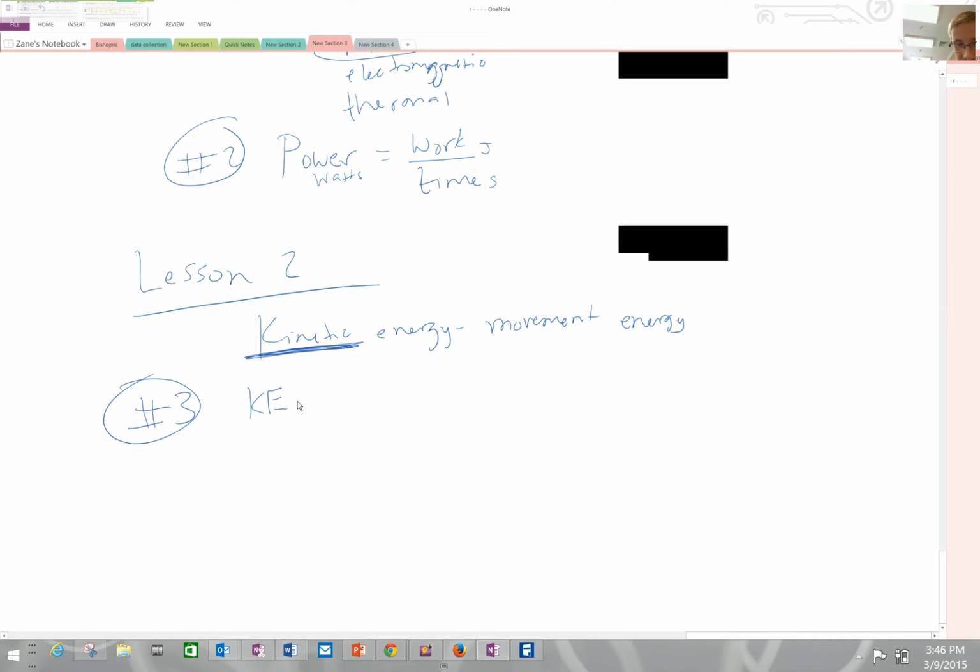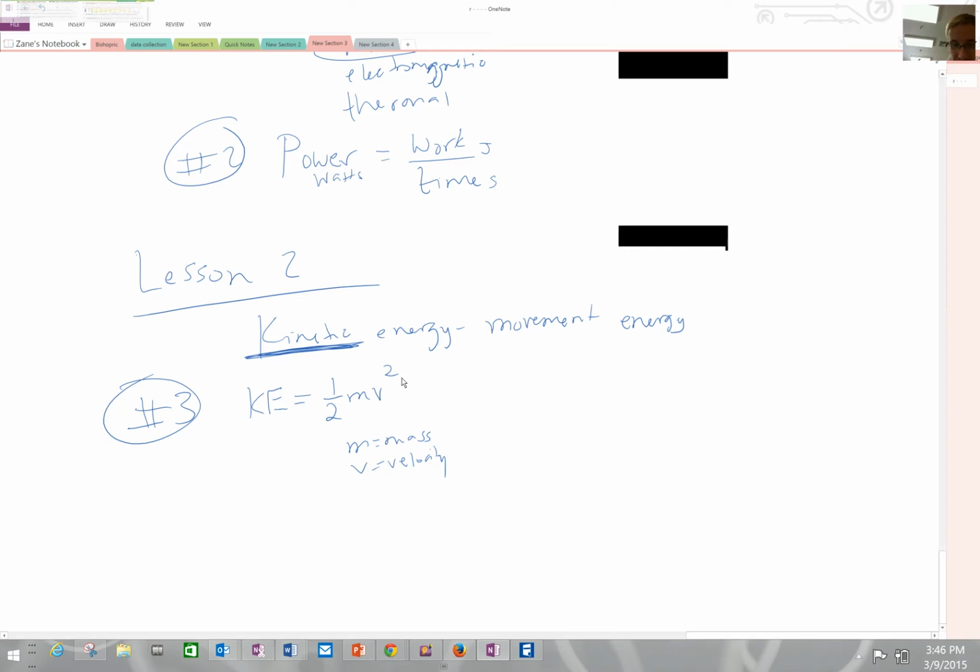KE, or kinetic energy, is equal to 1/2 times an object's mass times its velocity squared. Okay? So once again, m is for mass, v is equal to velocity. So you can see that if we were to increase mass, we would increase our kinetic energy.